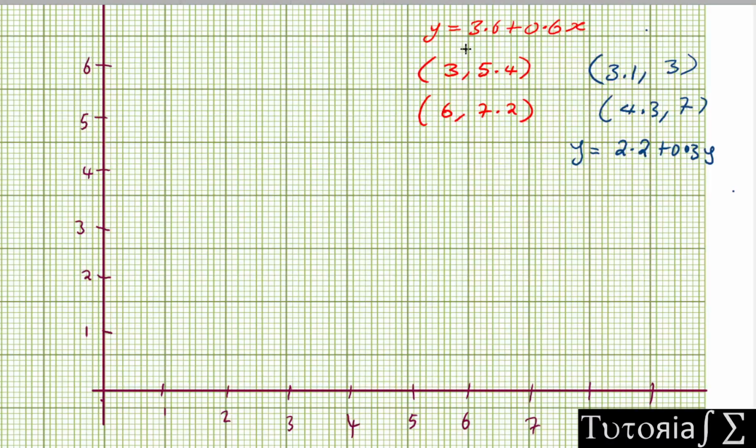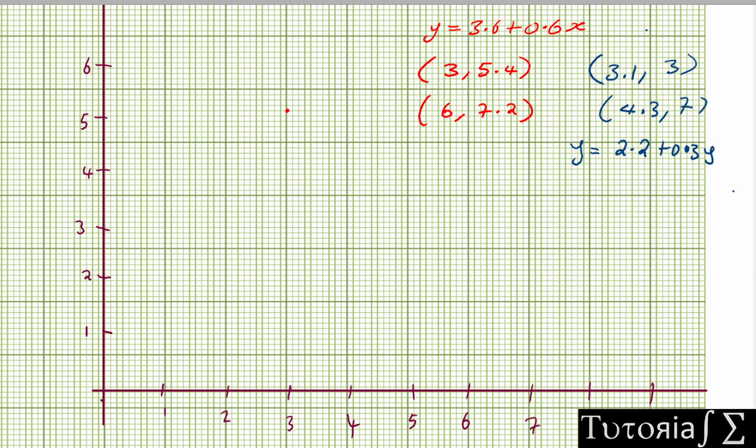Then we can just look for these points. So for the red parts, we're looking for (3, 5.4). So 3, 5.4 will be somewhere there, approximately. Then we have (6, 7.2).